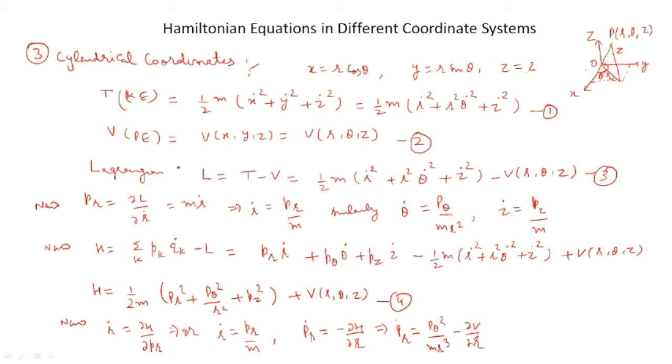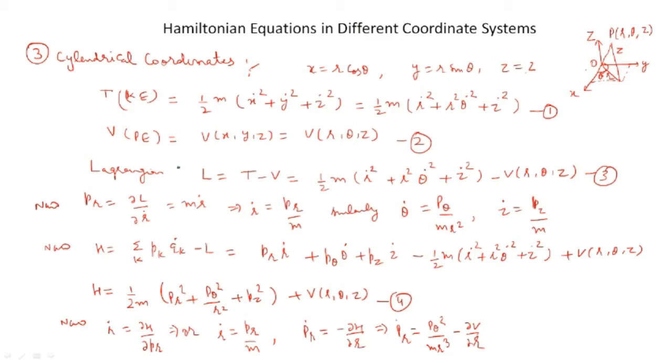Now we know that the kinetic energy in Cartesian coordinates of a particle in three-dimensional space is defined as 1/2 m (x dot square plus y dot square plus z dot square). If we put the value of x dot, y dot and z dot, then we can write directly kinetic energy as 1/2 m (r dot square plus r square theta dot square plus z dot square).